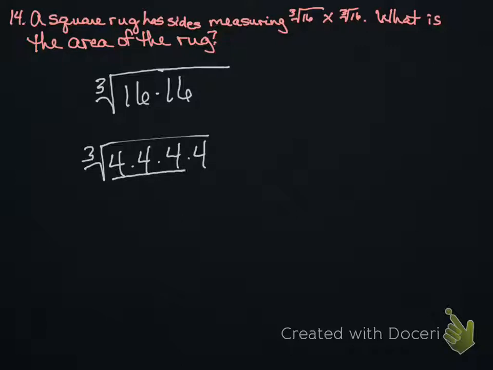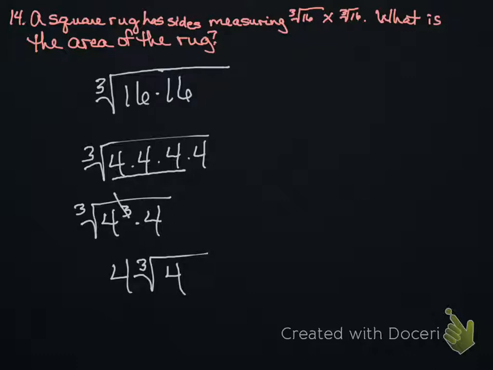So I've got 3 4s there that can be combined together to say the cube root of 4 cubed times 4. My radical and exponent can reduce out, and I bring that 4 outside. I am left with the cube root of 4, and there is my final answer.